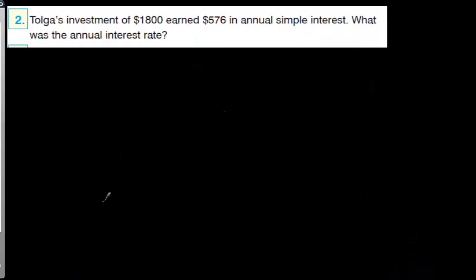Tolga's investment of 1,800 earned 576 in annual simple interest. What is the annual interest rate? Here, the formula for the annual interest is I equals P times R times T over 100. Okay. Now this is annual interest.